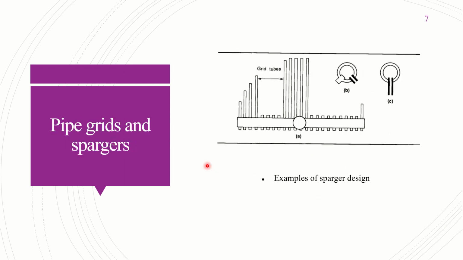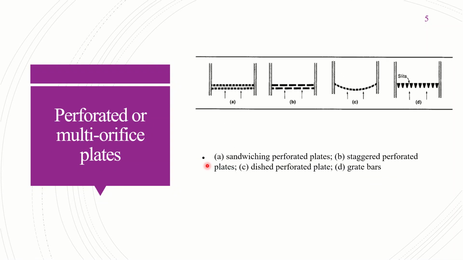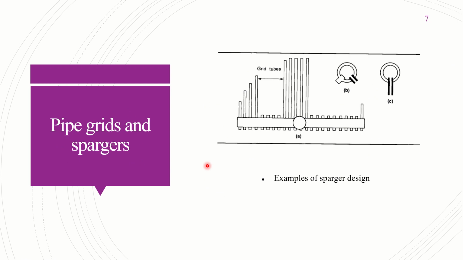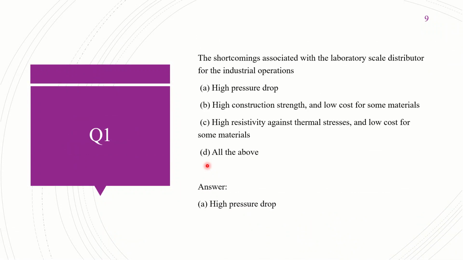So just a quick recap of what we saw in today's session. Today's session is about gas distribution systems in the fluidized bed: perforated multi-orifice plates, tuyeres and caps, and pipe grids and spargers. We saw an intro of that and bubble behavior with different types of gas distribution systems.